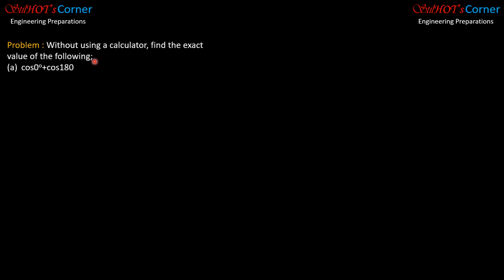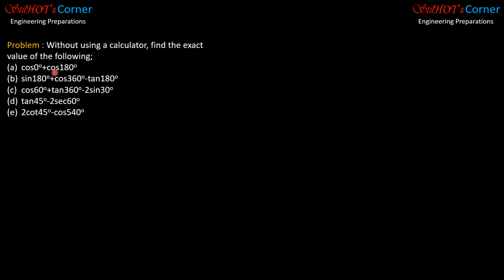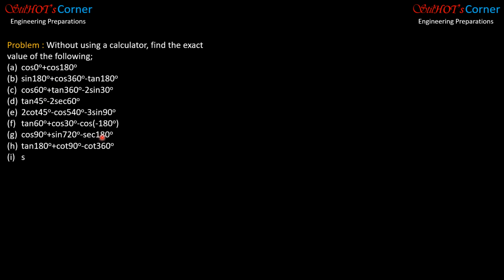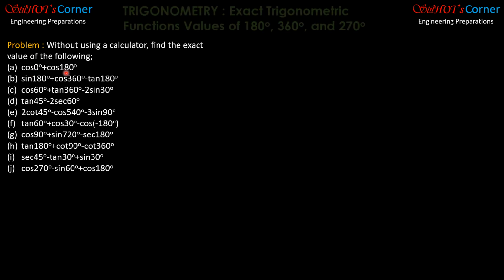This will test your memory or your sharpness of thinking for these common angles and quadrantal angles. So without using a calculator, find the exact value of the following. So cosine of 0 is 1, remember, and cosine of 180 degrees is negative 1.